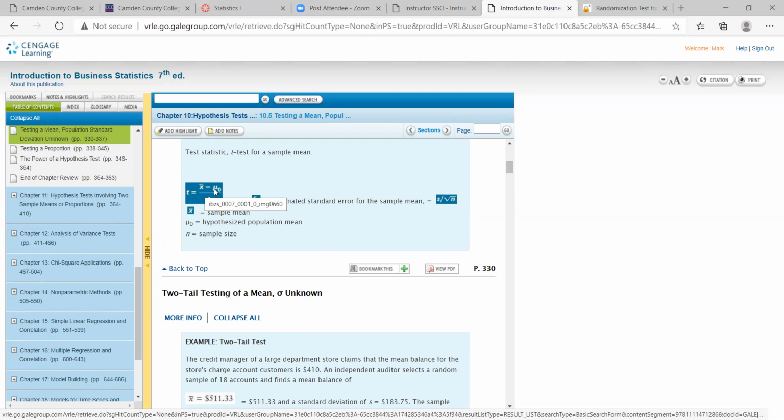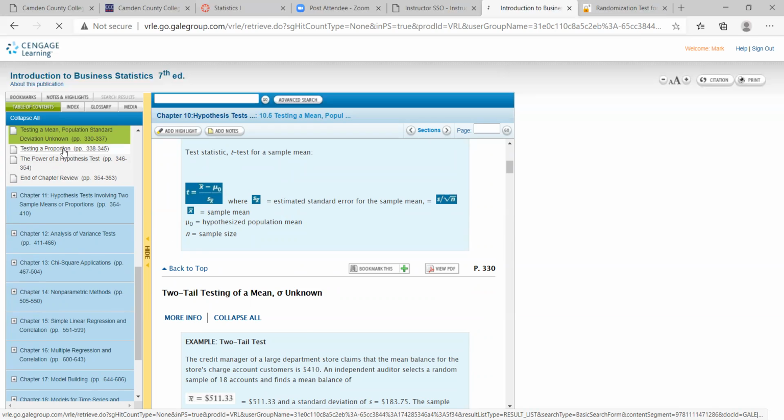We're subtracting the hypothesized mean, that number that's in the hypothesis test. And then the denominator becomes what? It becomes the estimated standard error for the sample mean, which is S divided by the square root of n. All right, well, we'll go through this when we actually do the tests.